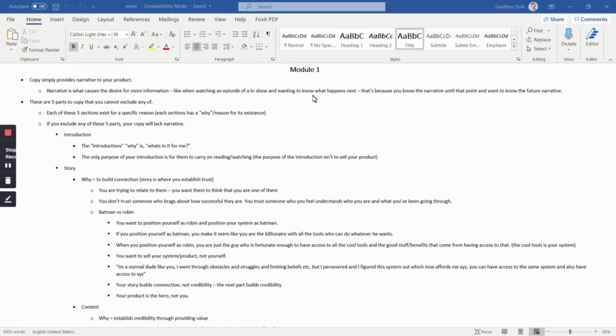That's because you are aware of and understand the narrative up until that point, and you want to know what the future narrative is. Basically, as I'm reading through these notes, I'll intermittently stop and just further clarify what it is I've read. The reason I'm showing you the notes is so that you can follow along with me. But where I feel it's relevant to provide clarity, I'll stop and do so.